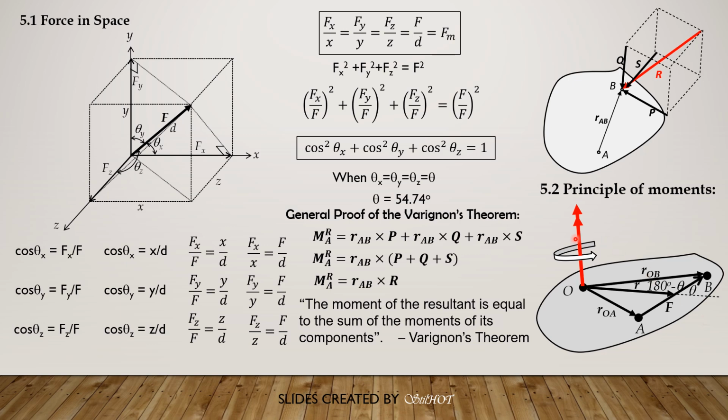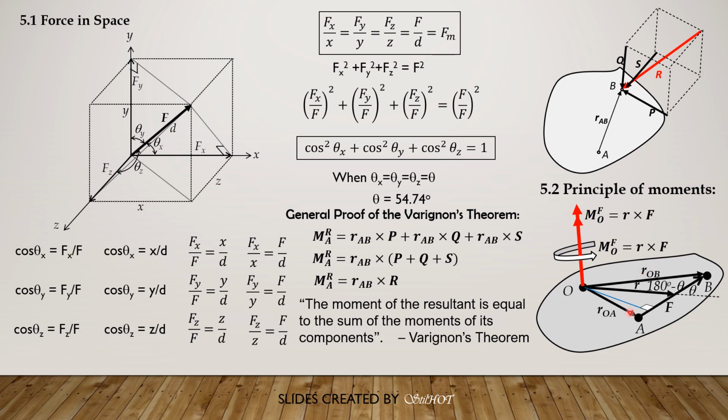So the moment of the force about point O is another vector perpendicular to the plane of the force, or the plane of R_OA and R_OB, which is the same plane as the force. So that's the moment of the force about point O, R cross F. Same is true with this sense or magnitude of moment.